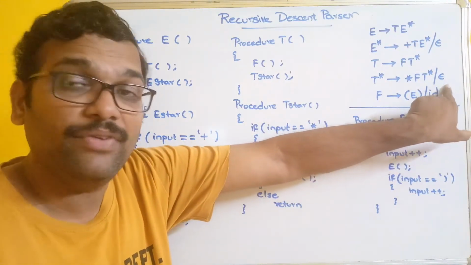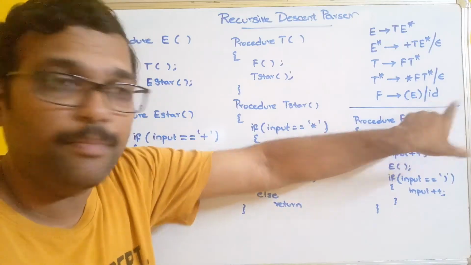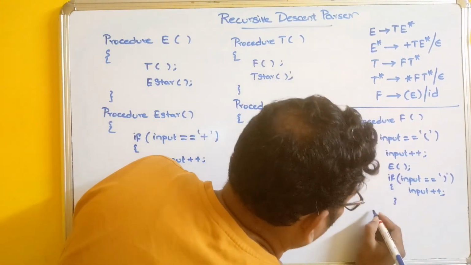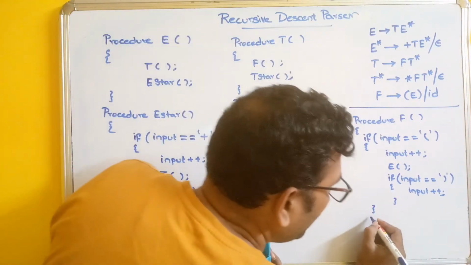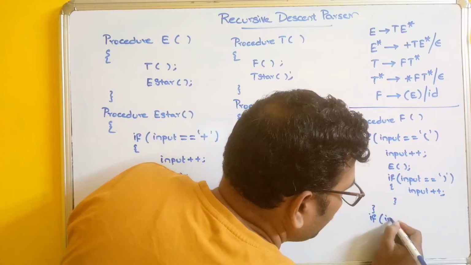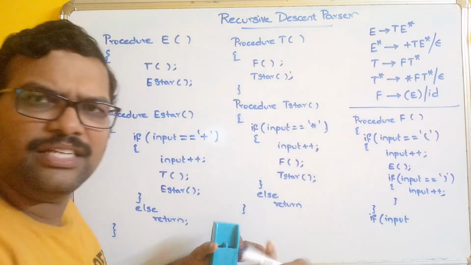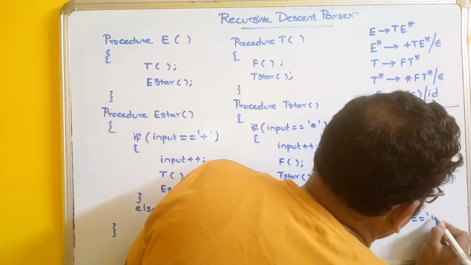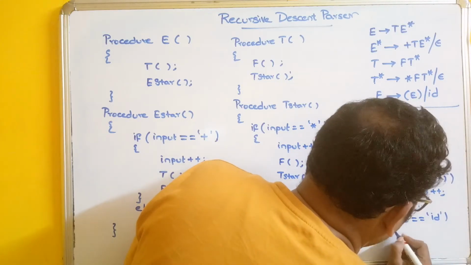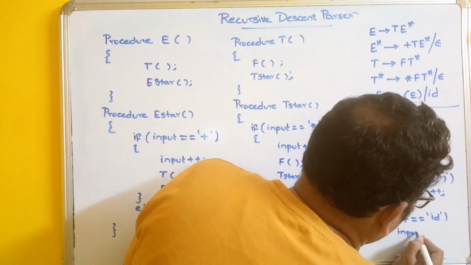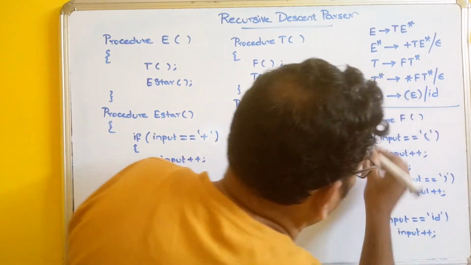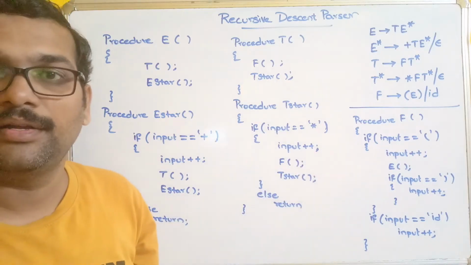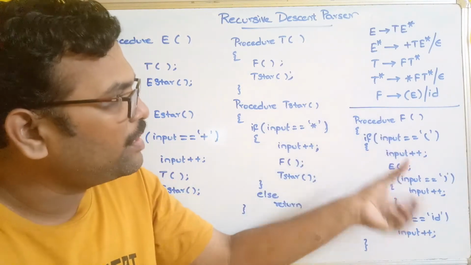So previously we were having some epsilon, but here we are having a terminal. Again we have to check here. So here this production ends, and here again we are checking if input. You can also write else or else if, whatever it may be. So I am writing here input is equal to id. If it is id, what I have to do? Again input plus plus. So close this procedure here. So this is the procedure for F.